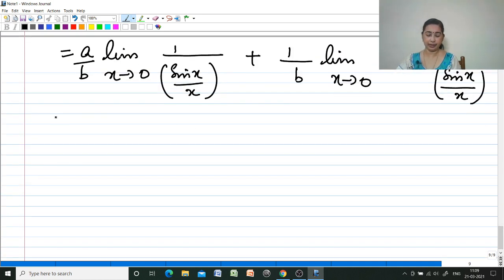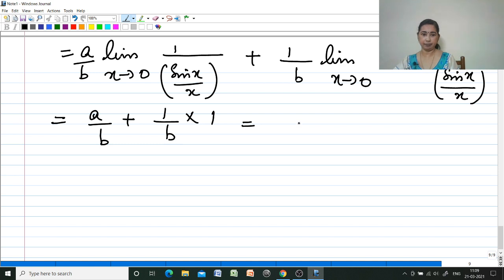Now we can apply the limit. Sin x by x, limit x tends to 0, sin x by x is 1, so a by b, then plus 1 by b into, here this is 1, cos 0 is 1, so into 1, and the answer is a plus 1 by b.